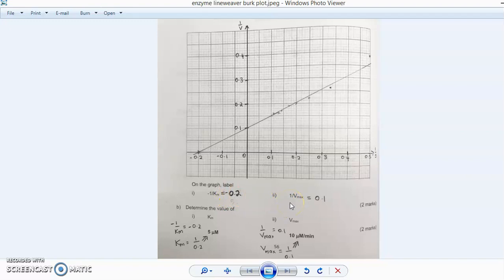And then for the Vmax, it intercepts at 0.1. So you can determine the value just by changing this 0.2. Do the calculation, take out the negative, you will get the answer as 5 micromolar. And for the Vmax, you do the same thing, you will get the answer as 10 micromolar. Okay?